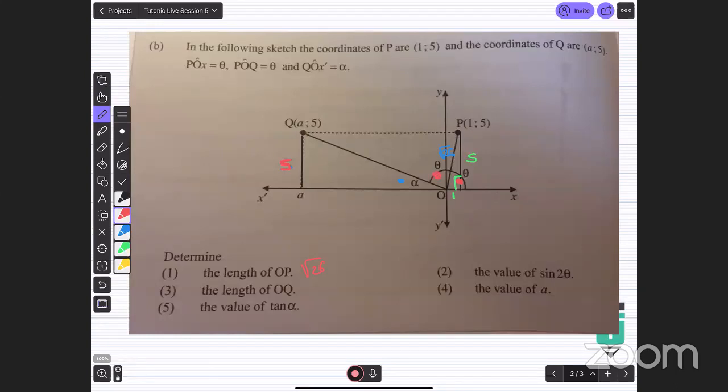What's sine 2 theta? Isn't it, Hamza, the double angle? Yes, but do you agree sine 2 theta is just this? Yes. So how would you find sine 2 theta?